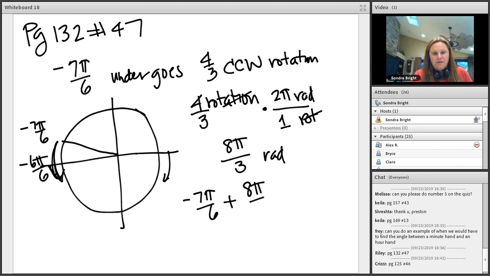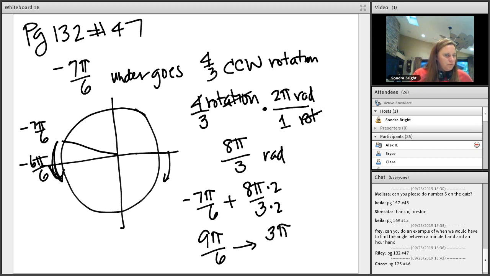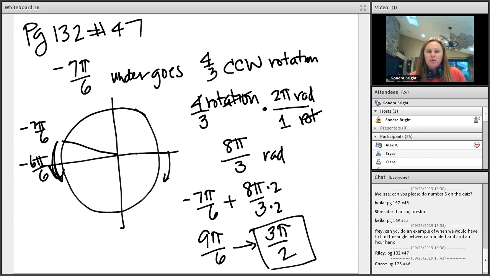Get a common denominator, so 16 pi over 6 minus 7 pi over 6 will give you 9 pi over 6. And 3 goes into both of those, so 3 pi over 2 will be your angle between 0 and 2 pi that is coterminal.